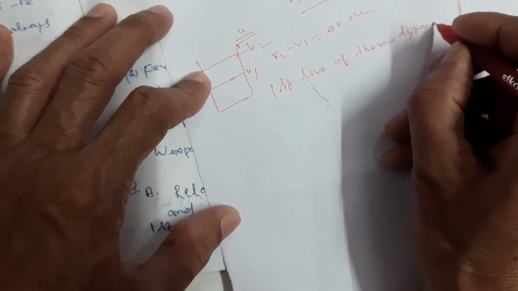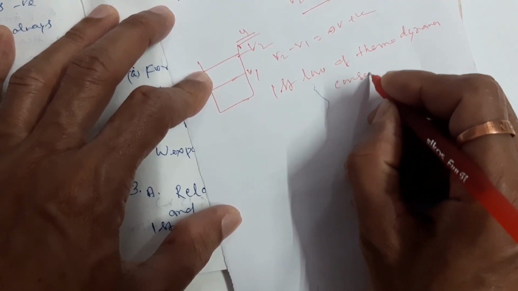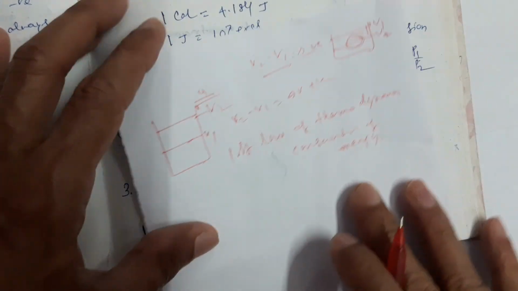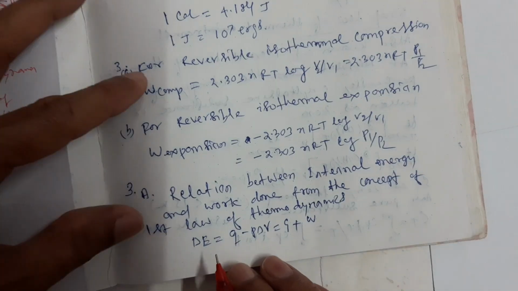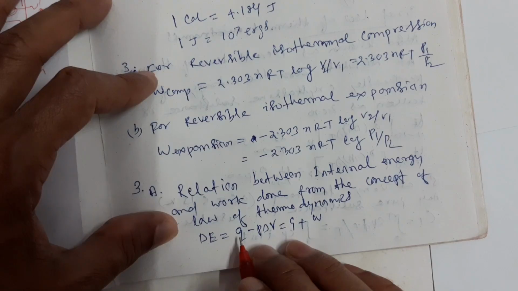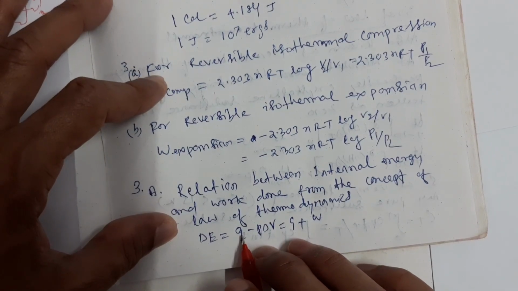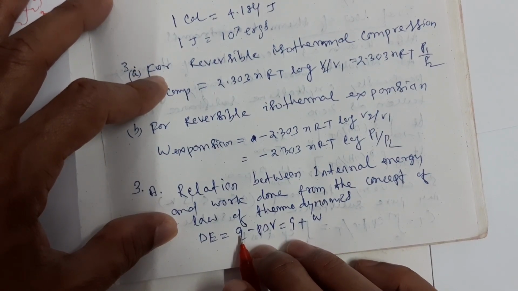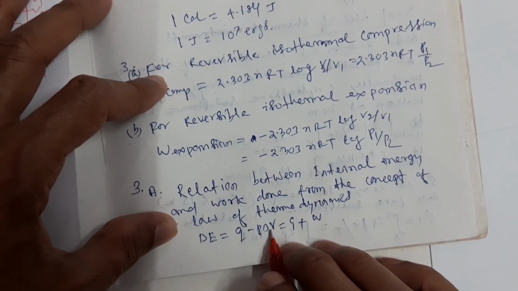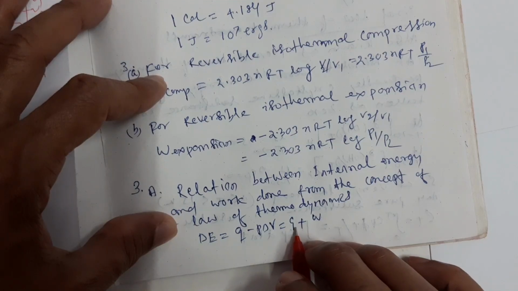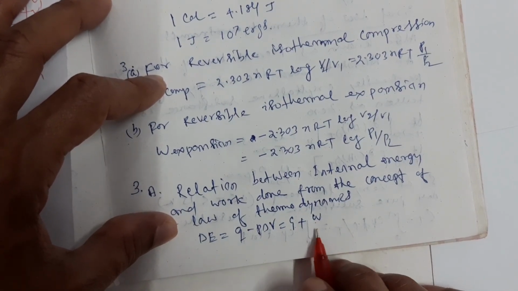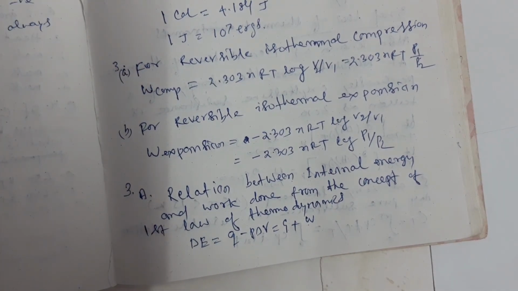Delta E, the internal energy change, is equal to Q, the heat content, plus work done. Delta E is equal to Q plus W. This is the first law of thermodynamics.